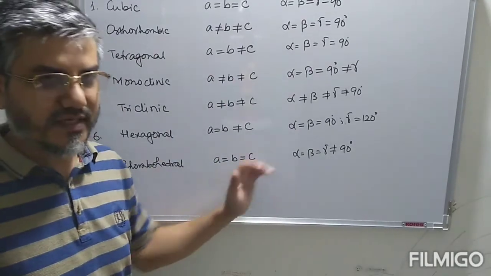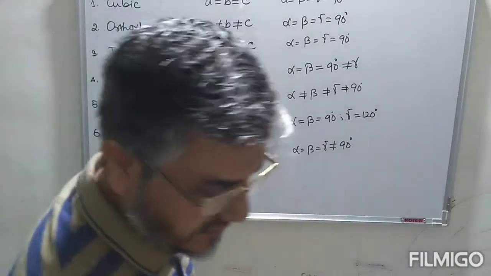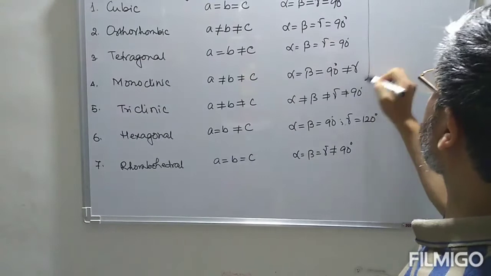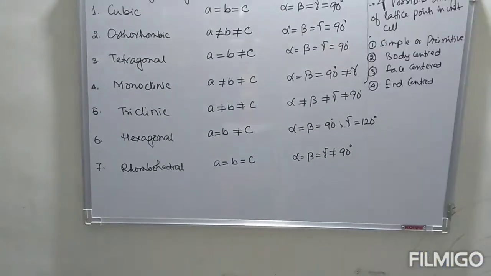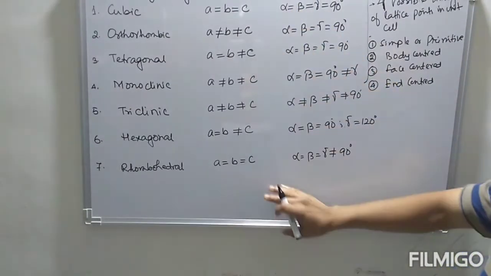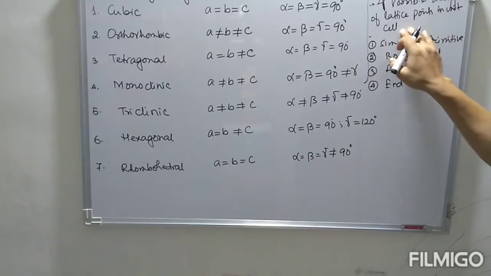Each crystal system can have 4 possible arrangements of lattice points in the unit cell.